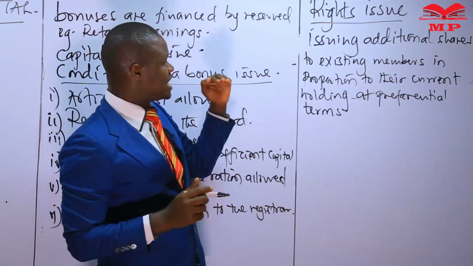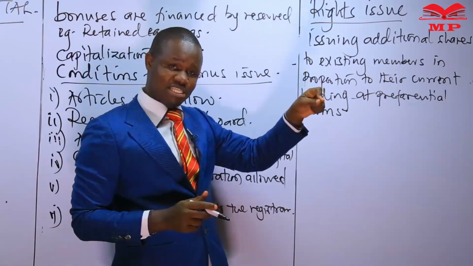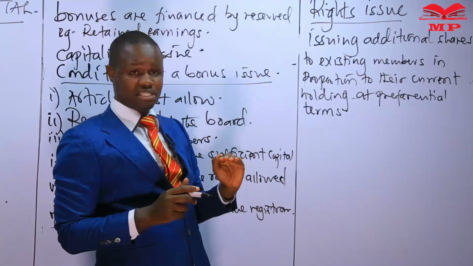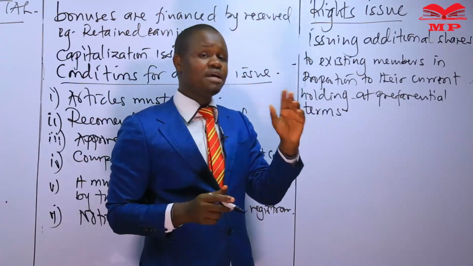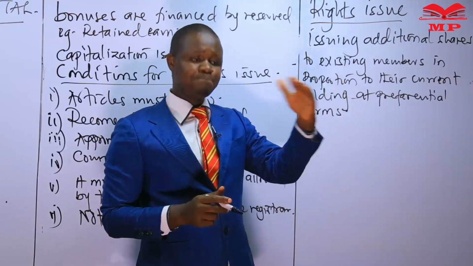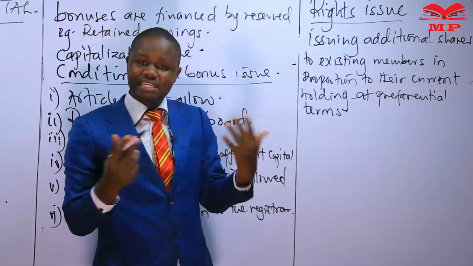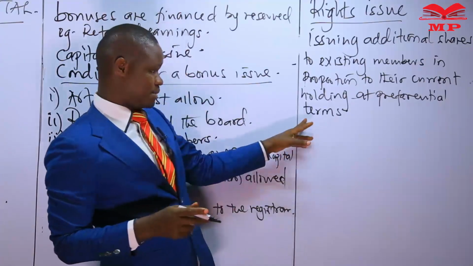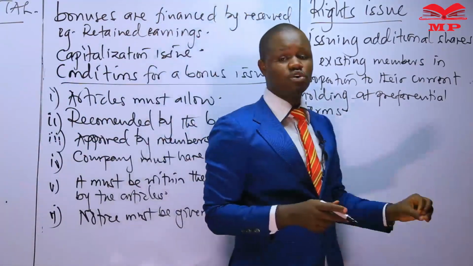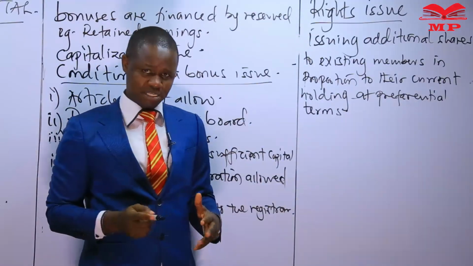The idea is we are giving an opportunity to existing members to take up more shares at a lower price. If these members were to buy these additional shares in the market, they would be paying the 50 shillings. We are now giving them an option to take up more at a lower price, say 45, say 46. Anything lower than the market price would be considered a preferential term, a better term offered to these members.